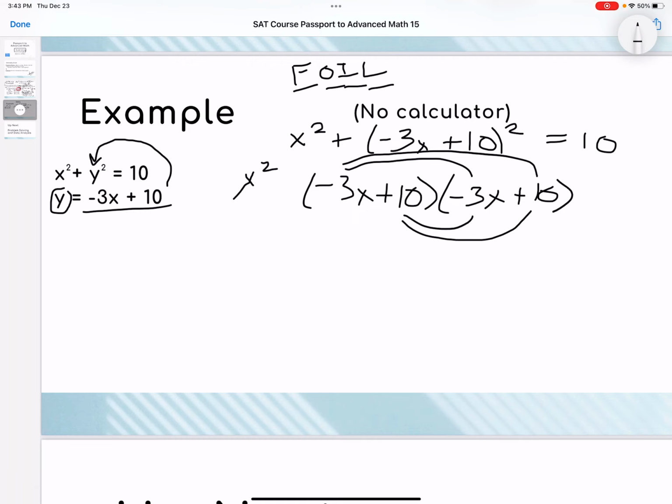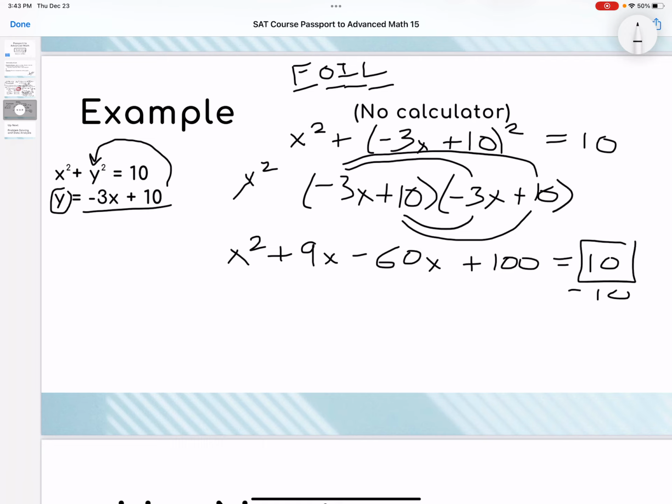And when we do, we have x squared, which comes over still, plus 9x minus 60x plus 100 is equal to 10. All right, from there we just have to combine the like terms, which really just means bringing this 10 over to the left side, which is subtracting 10, and then actually combining these as well.